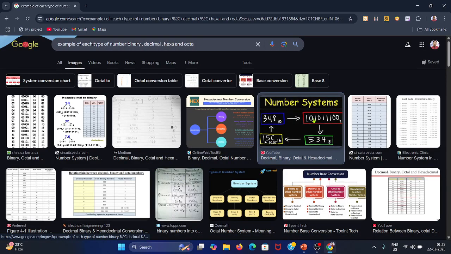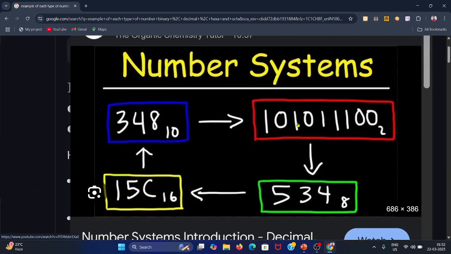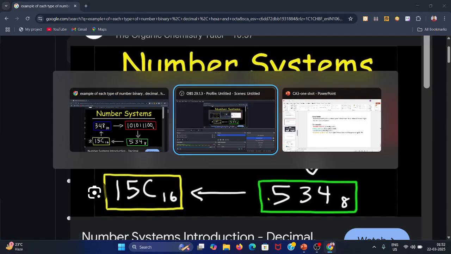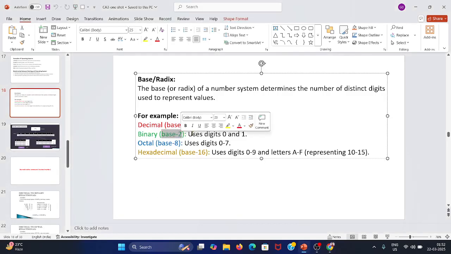As an example, here you can see this number, this number's base is 2. So it's a binary number. As you can see in our notes, base 2 means it's a binary number, and we can represent this type of number only using 0 and 1.